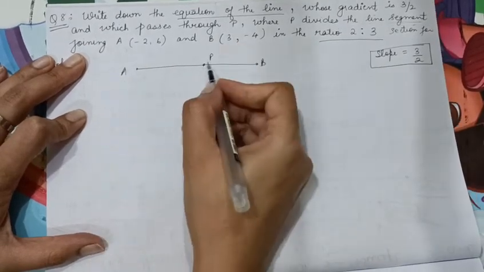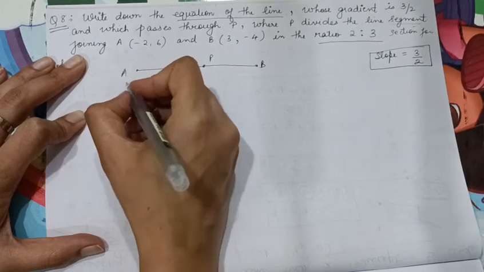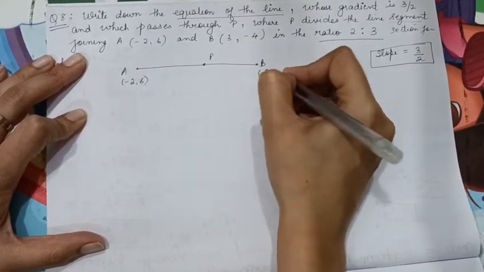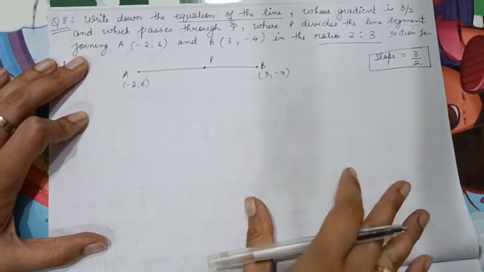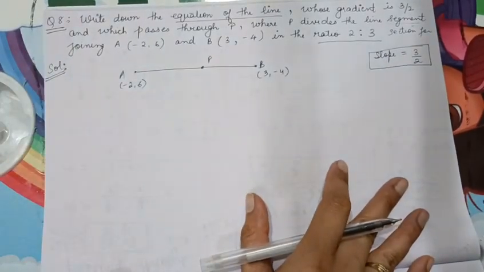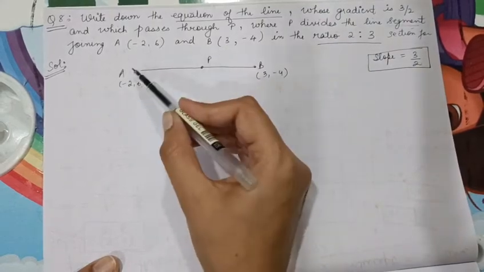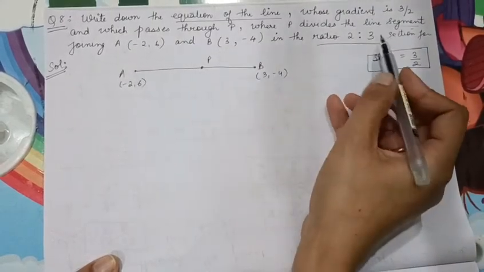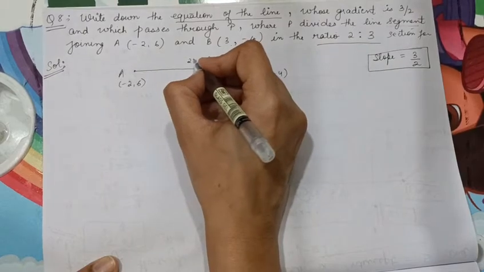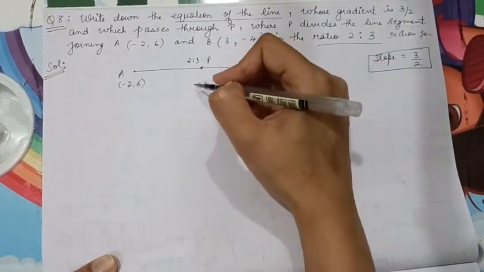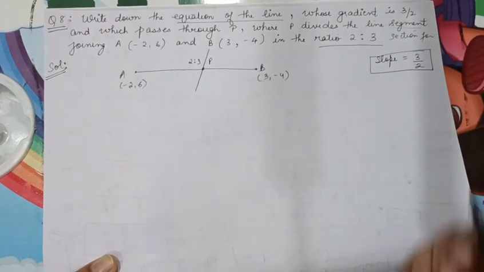I have drawn the figure, because a figure always gives us a clear picture, so always try to draw the figure if it is possible. P is dividing the line segment in the ratio 2:3. We have to find the equation of the line which passes through this point.